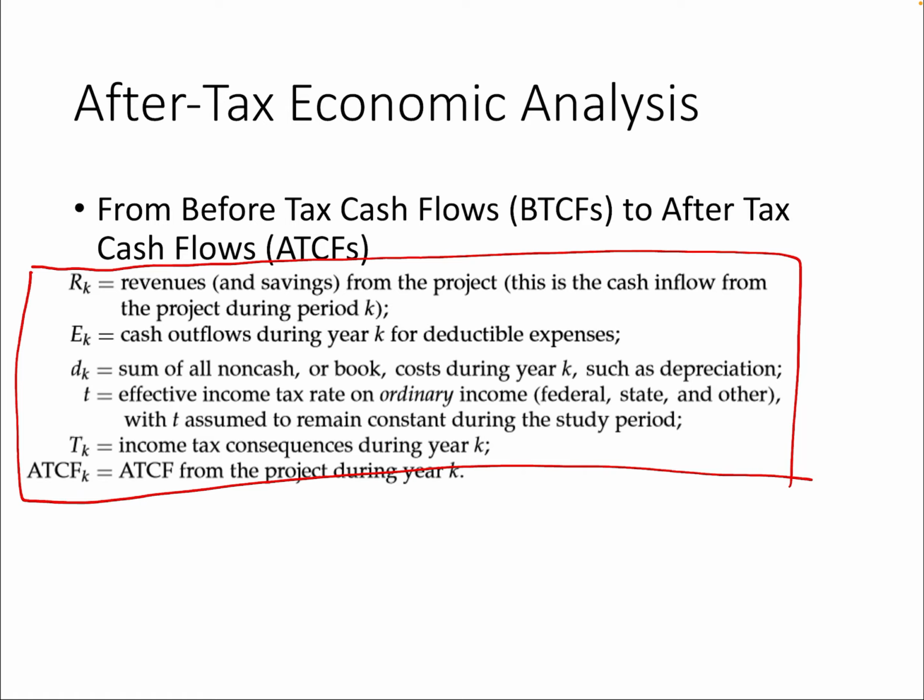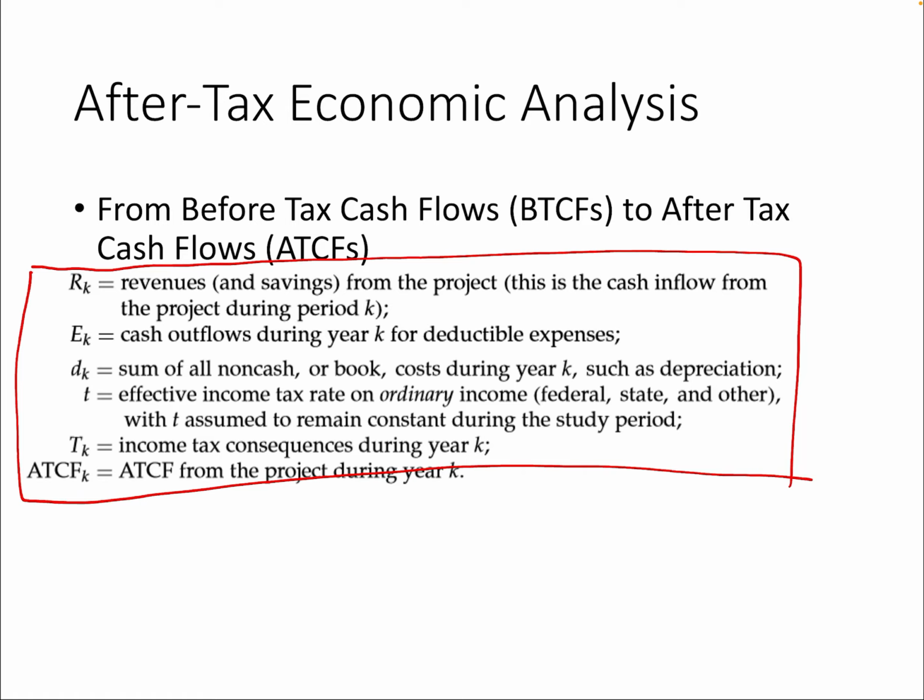Usually we use Dk to represent the depreciation deduction for each year. And t is the effective income tax rate on ordinary income. So t is always given in the problem. And the capital Tk is the income tax consequences during year k. So that's the tax you pay or you owe every year.